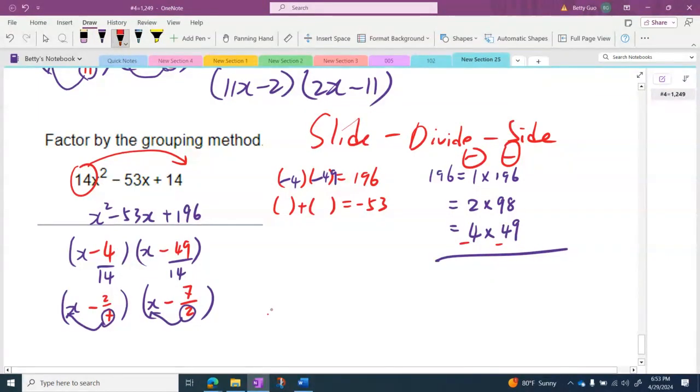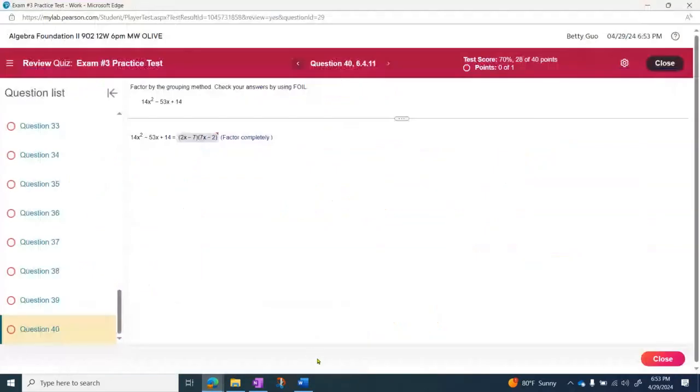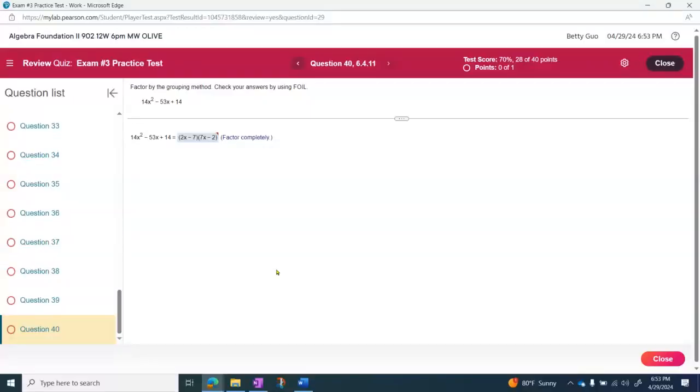We have 7x minus 2 times 2x minus 7. Yeah, this is my method. I do not use the grouping method for trinomials. I believe Pearson probably introduced a different method, which is good. You have more options. You just learn whatever method you feel comfortable and confident with. All right, next.